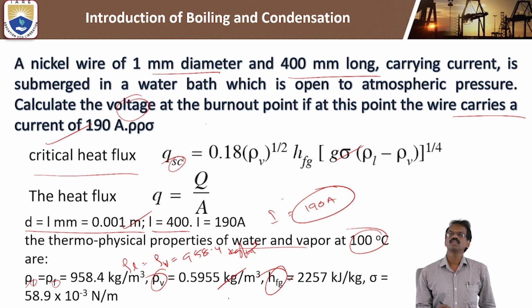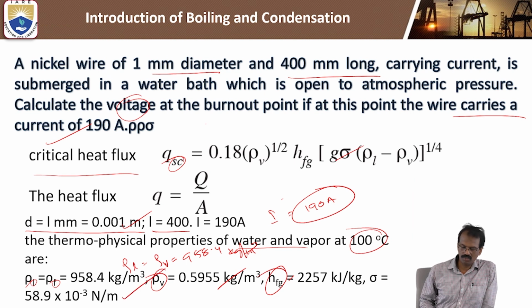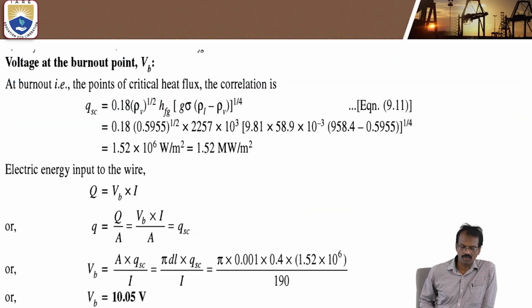Enthalpy HFG is equal to 2257. Surface tension is equal to 58.9 into 10 to the power minus 3 Newton per meter. So this is the data you can collect from the data book with respect to the temperature of vapor and water.